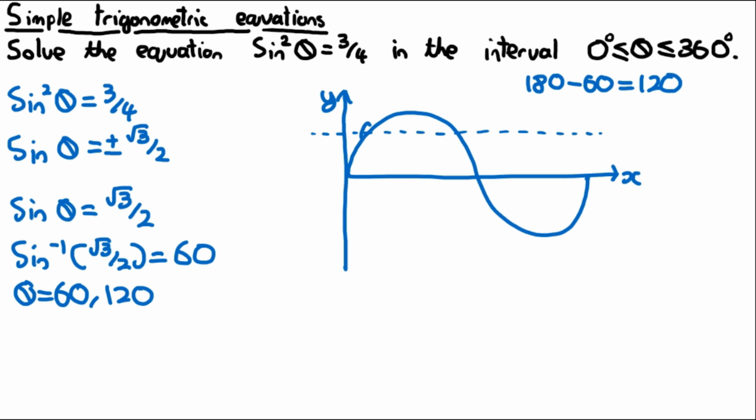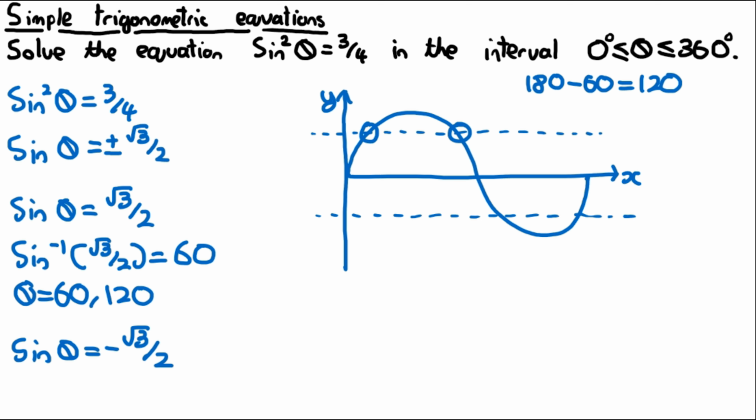These 2 points. But we also need to consider that sin theta is equal to minus root 3 over 2. Now you could do the same process and do all of this. However, there is a much easier way to approach this, and this is to realise that if we say that sin of minus root 3 over 2 is about here, what's actually going to happen is the distance symmetry is still going to apply.